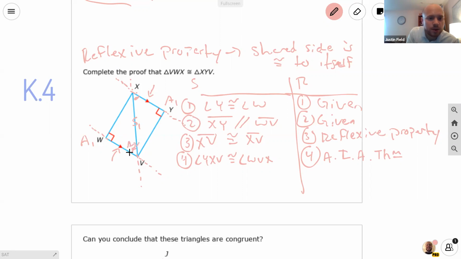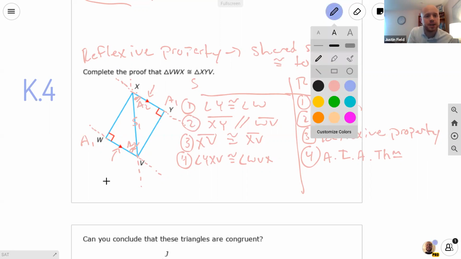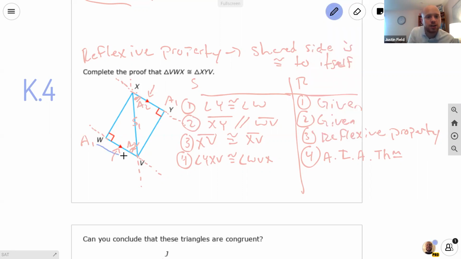I'm going to make 2 hash marks and call this A2. So let's just change the color here. So what do we got? We got an angle, angle, side. Angle, angle, side. I can't go side and then skip this angle and skip it. No, this is not. No. Okay. So we have our congruence.